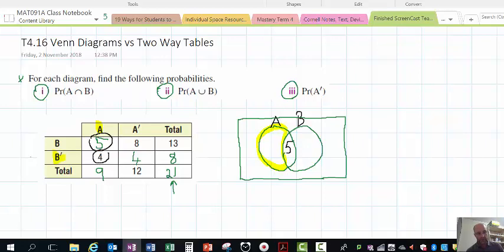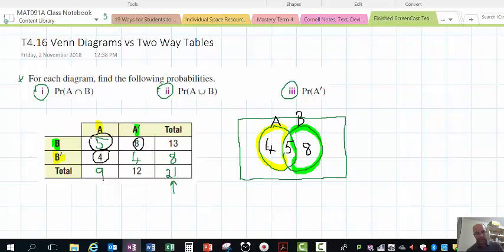So the 4 will go here because it's in A but not in B. Now what's going to go in here? That's in B but not in A. We look at what's in B but not in A, and that corresponds with 8. So we can put 8 in there.